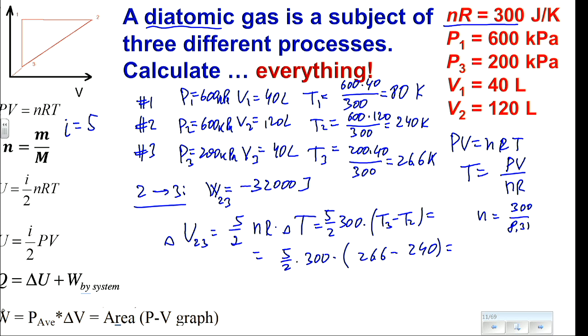Also negative. So please tell me a number, because it's just dark here for me.